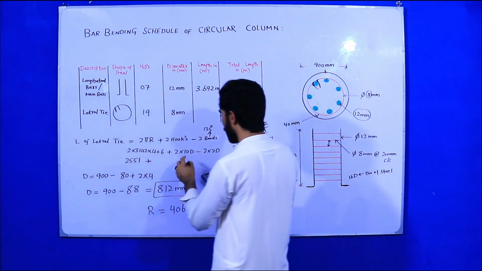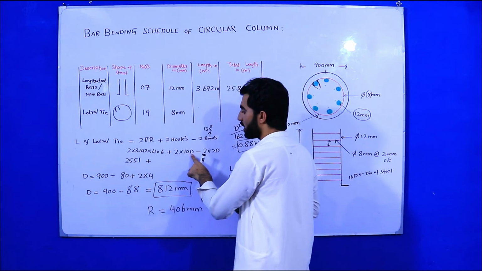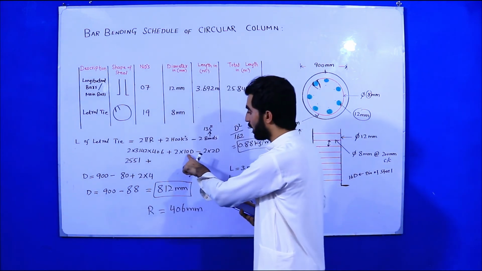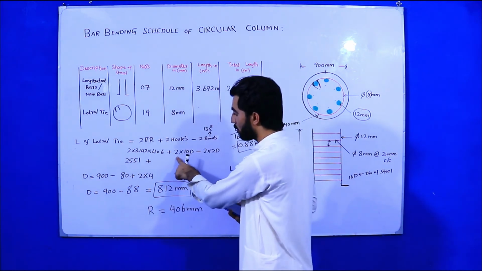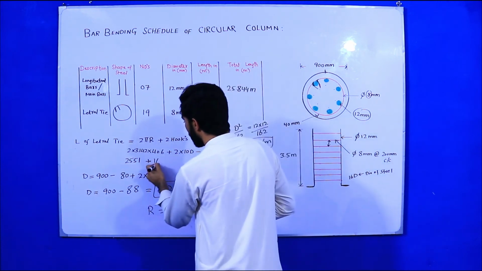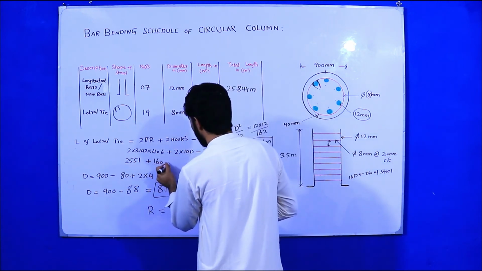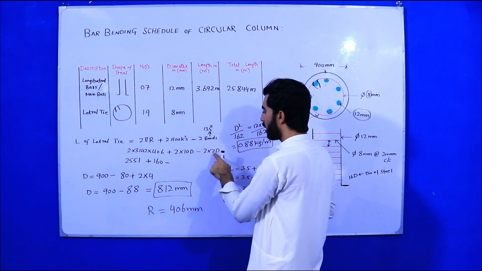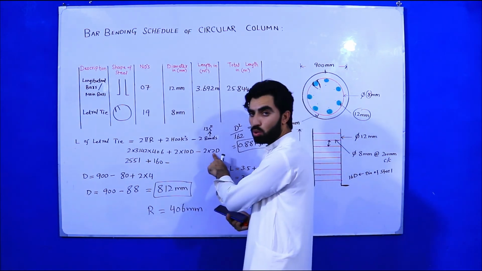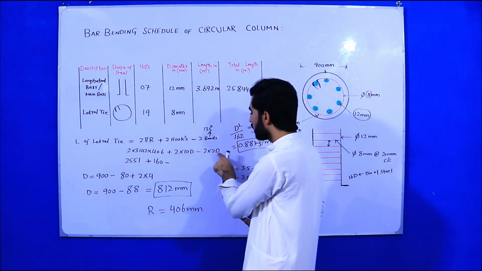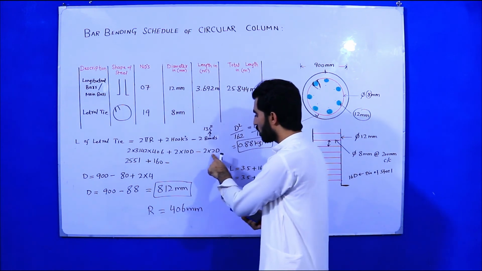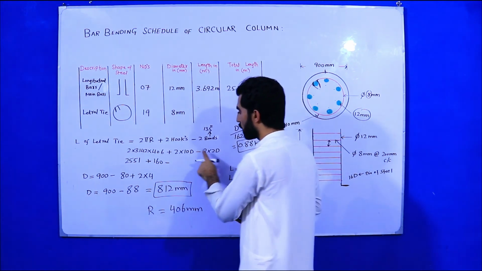Plus hooks, where the diameter is 8, so 8 multiply 10 is 80, multiply 2 becomes 160. Again subtract 2D multiply 2, which is 16 multiply 2, becomes 32.